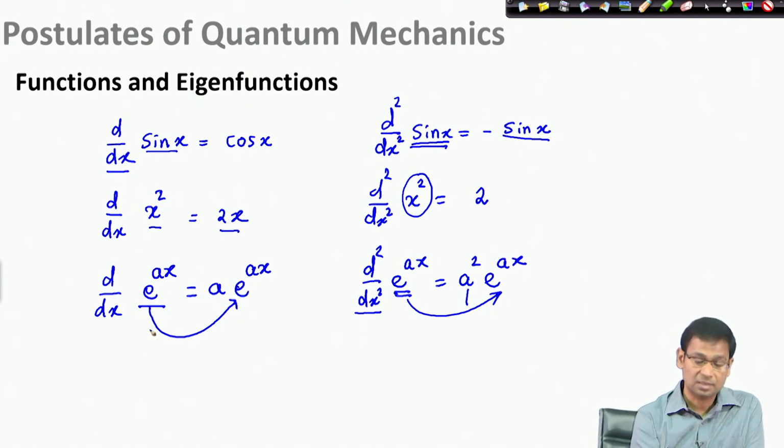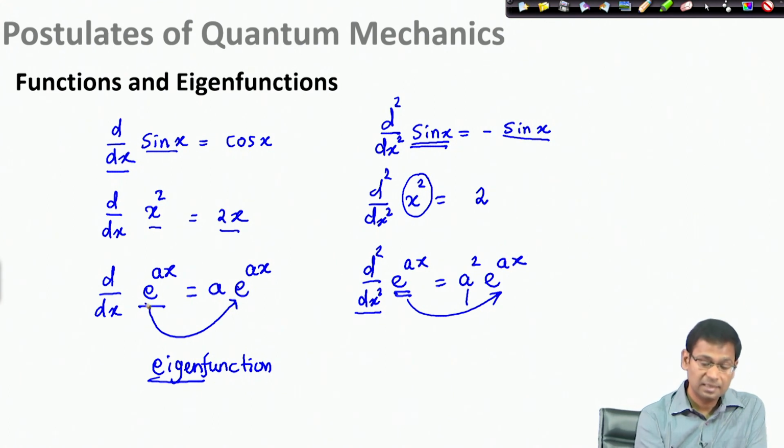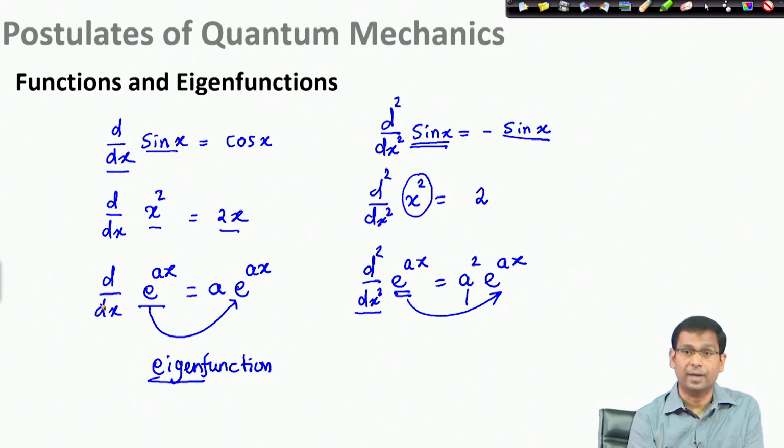So, when the action of an operator reproduces the same function multiplied by some constant, then this function is not merely an ordinary function, rather it is a characteristic function of this operator, and this goes by the name eigenfunction. Eigen is a German word which means characteristic, and e to the power a x is an eigenfunction of the operator d by dx.